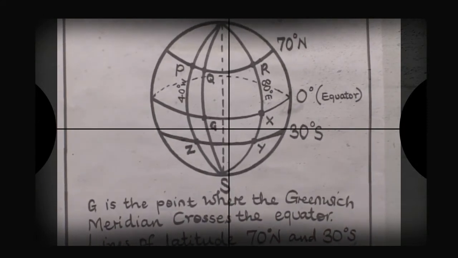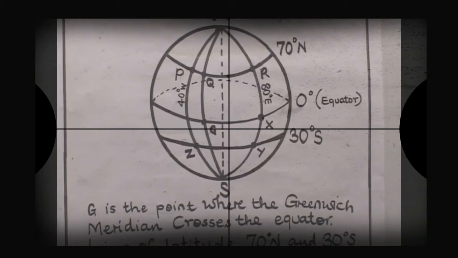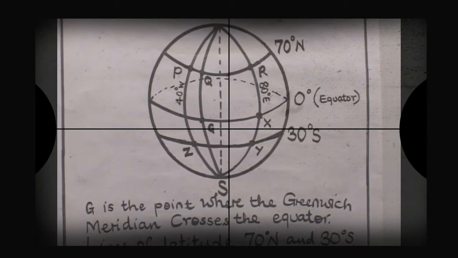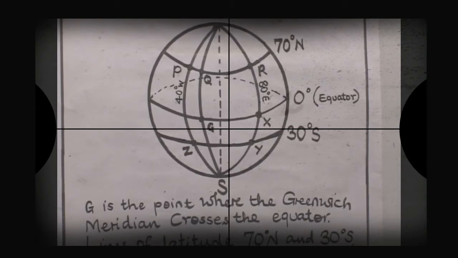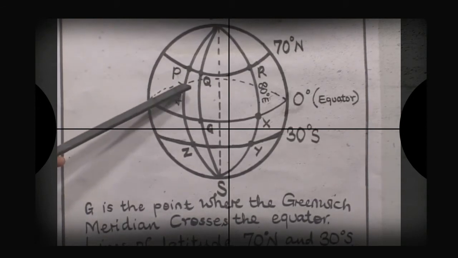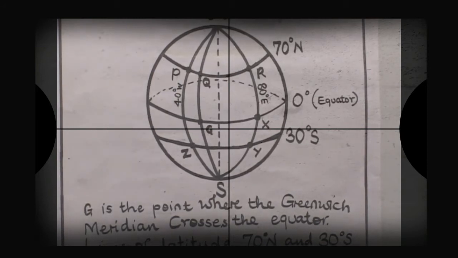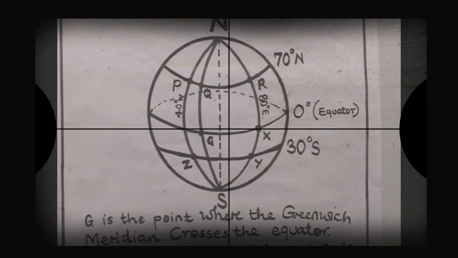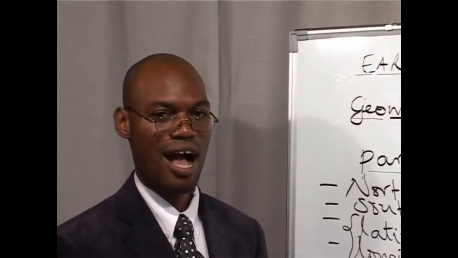Each and every point on the Earth's surface is completely defined by its latitude and longitude. So as you state the position of point P, you first start by looking at its latitude, and then you state its longitude. Let's look at the solutions.